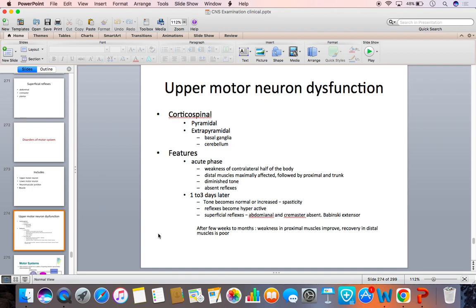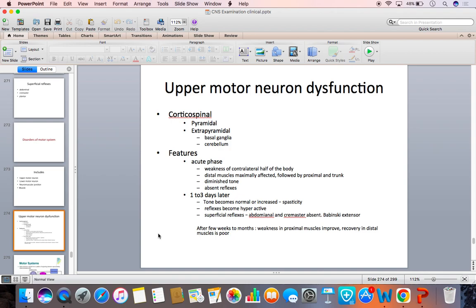If it is the acute phase, what do you find? There is weakness of the contralateral half of the body. Distal muscles are maximally affected, followed by the proximal muscles. Diminished tone. In the acute phase, there is hypotonia and absent reflexes.